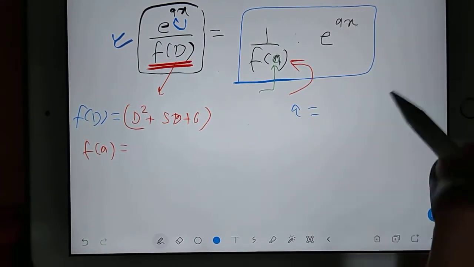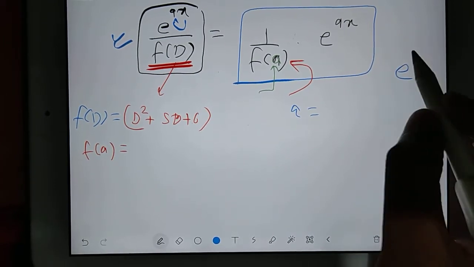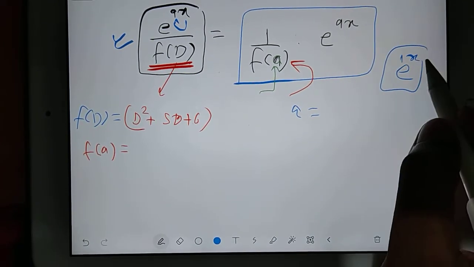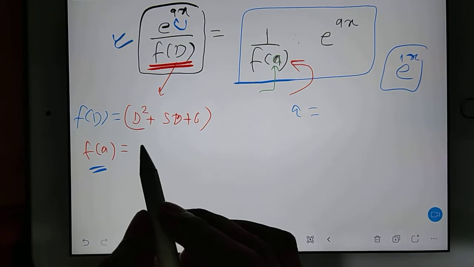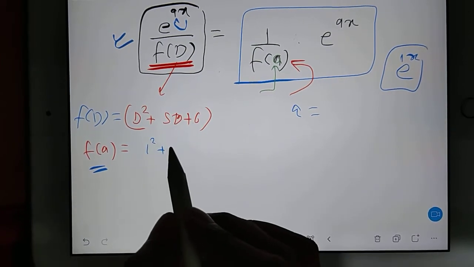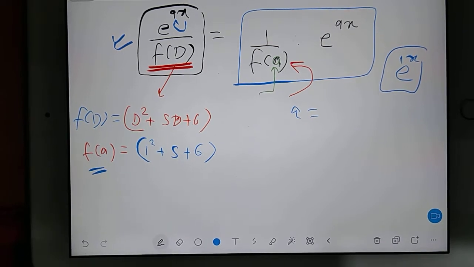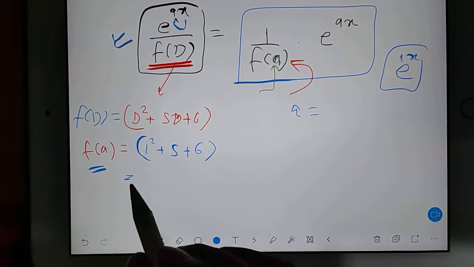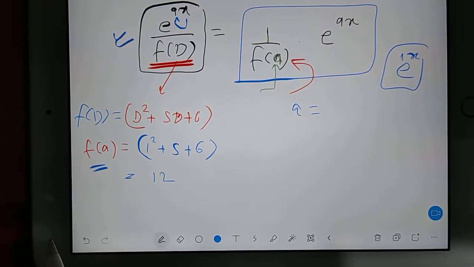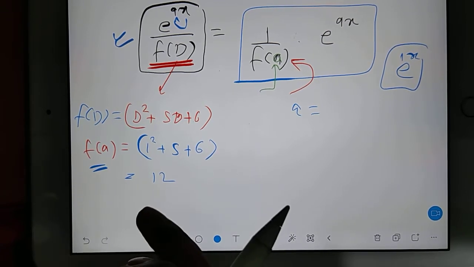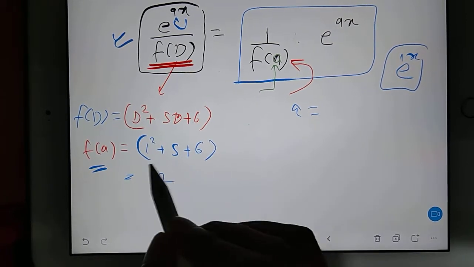In the example I have taken, that is e power x, so your a is 1. So your f(a) will look like 1 square plus 5 plus 6, and I am getting 12.